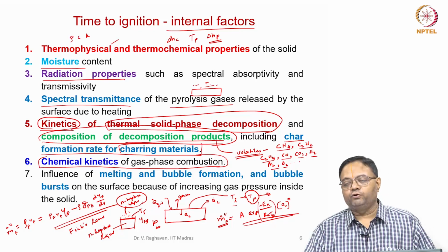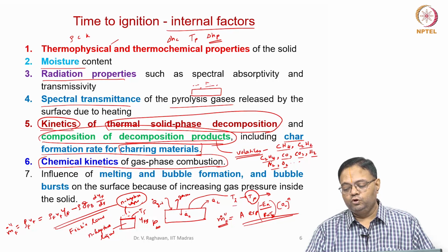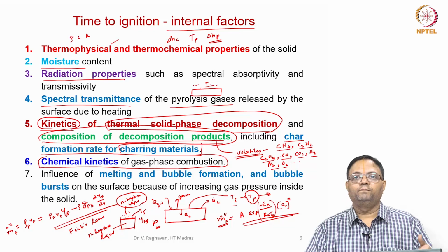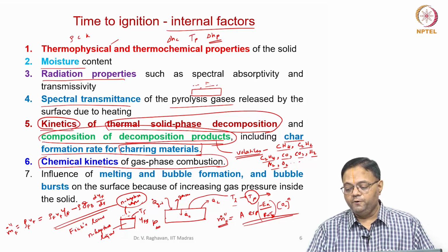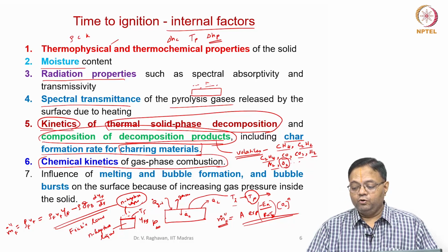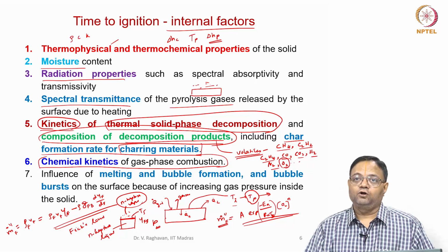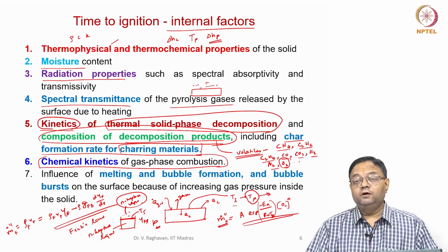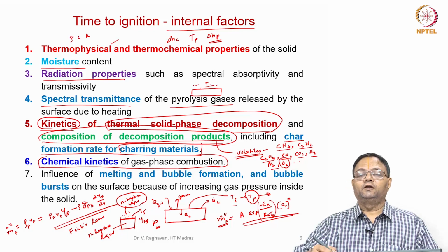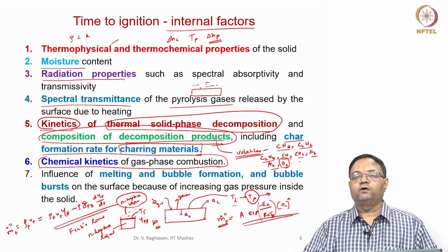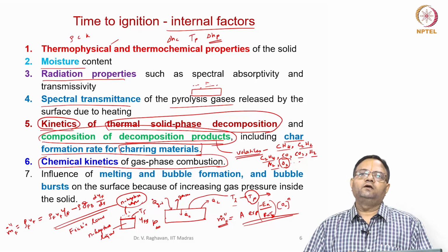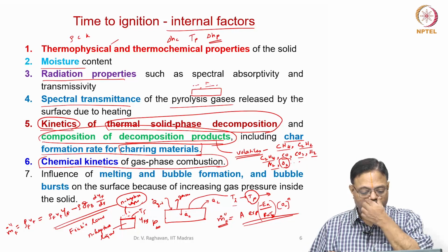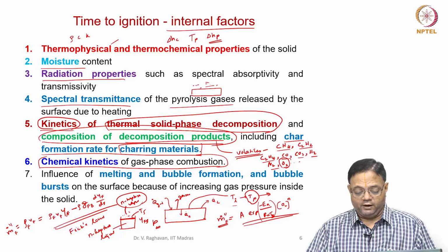Because there are several fuel components in this: CH4, C2H2, C2H4, CO. CO, C2H2 and C2H4 will be much more reactive than CH4. Hydrogen will be very reactive and so on. And obviously, you have oxygen content also which is coming out. So, you will see that determining the rate at which the chemical kinetics can happen in the gas phase due to the burning of the volatiles is not very easy or straightforward. So, that has to be clearly understood.